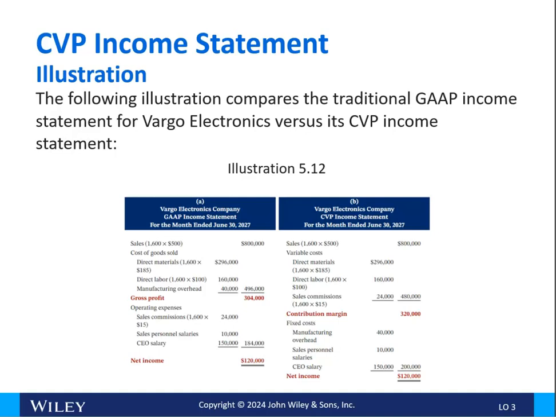Sales minus our variable costs equals our contribution margin, and then we subtract our fixed costs to get our net income. And our manufacturing overhead moves from the gross profit section in the traditional income statement to below as a part of fixed costs in the CVP income statement. And again, costs aren't removed or added, we're just reallocating where they go in the statement.